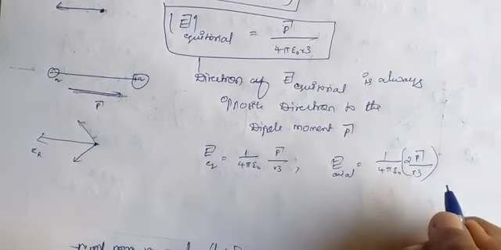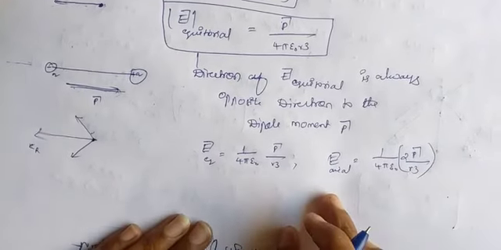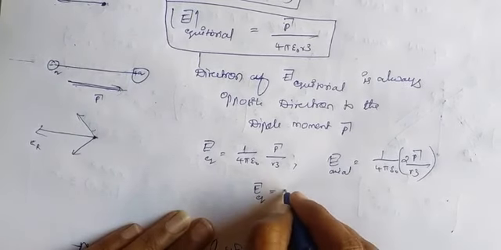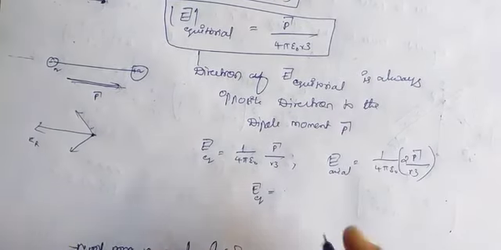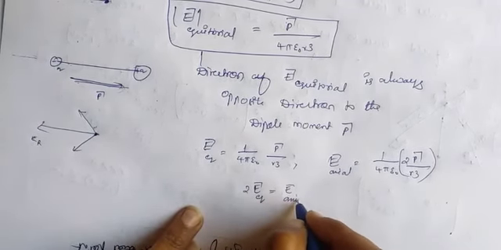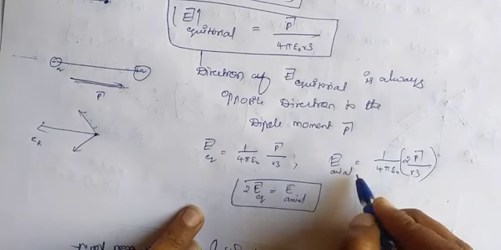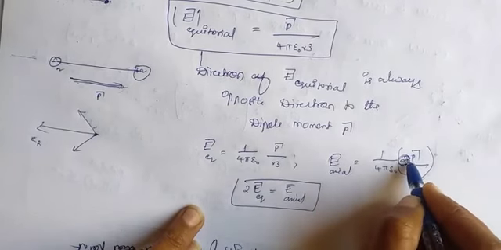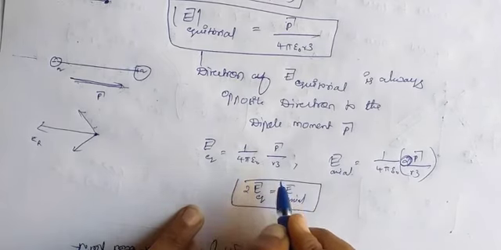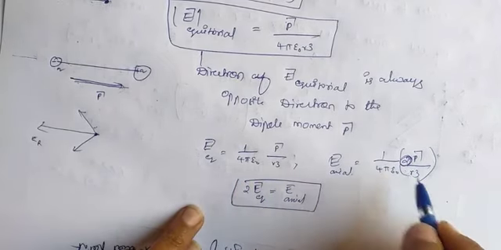So see here, by comparing those two, 2 times the E equatorial is equal to E axial. So here the axial is multiplied with the 2. Okay, so here we are getting the effect 2 times, here we are getting the effect 4 times.